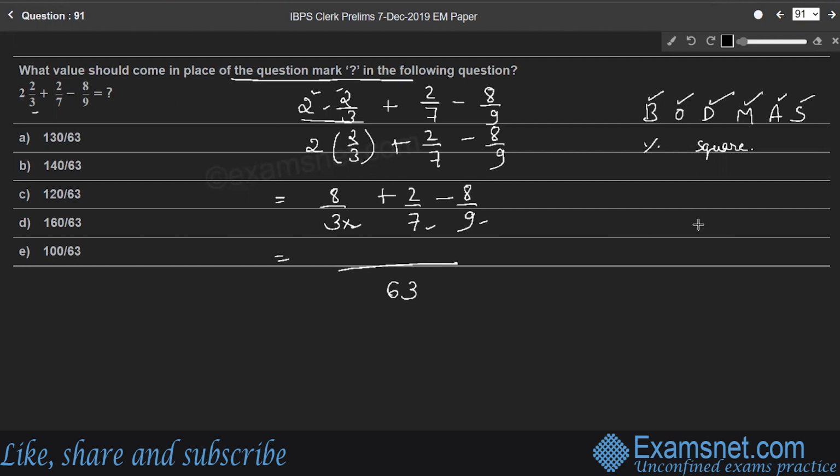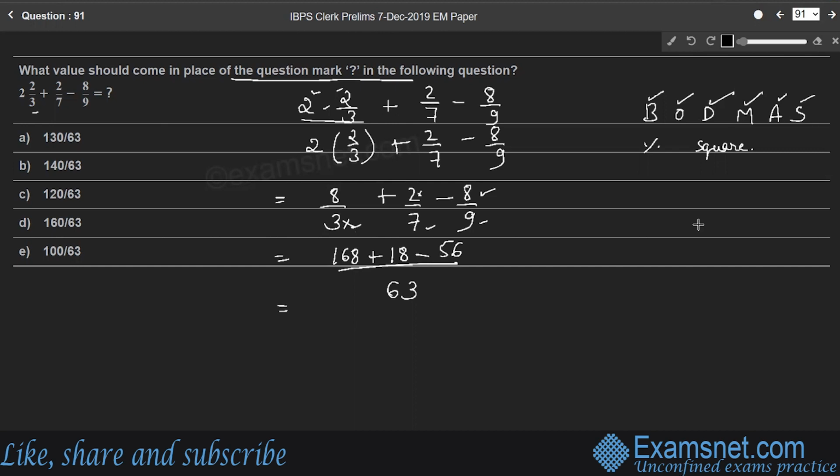Since 3 is multiplied by 21 to get 63, 21 into 8 is 168 in the numerator, plus 7 is multiplied by 9 to get 63, so 2 also should be multiplied by 9. So 2 into 9 is 18 minus 9 into 7 is 63, so 8 into 7 becomes 56.